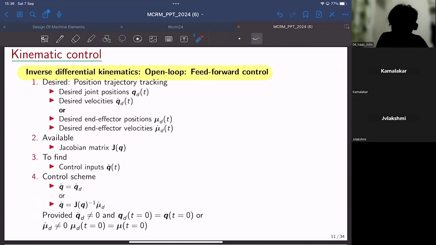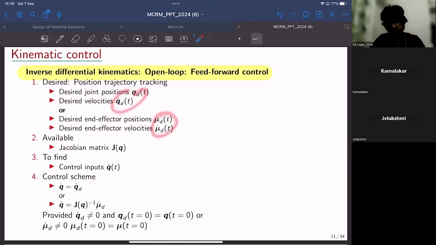In the case of open loop kinematic control, your objective is you will be having desired joint positions. You'll also have desired joint velocities. So these are all given in task space. You can also define your desired trajectory of the end effector position in task space. These are in joint space.